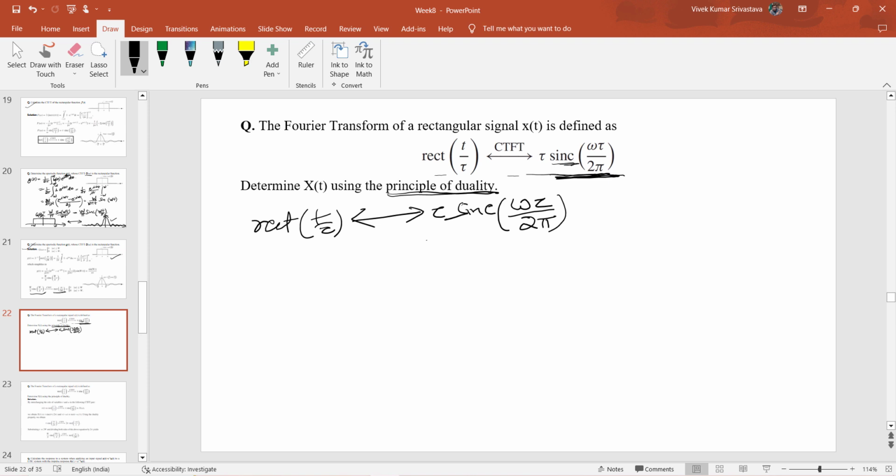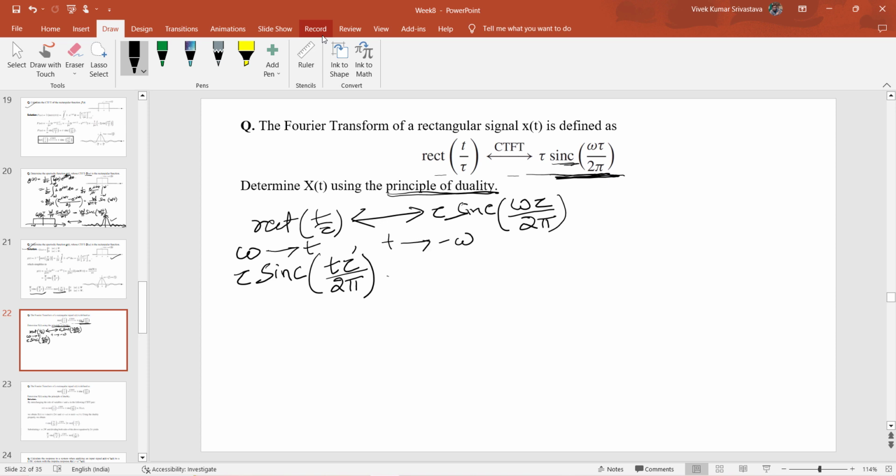Okay, so now to evaluate this sinc of t tau by 2 pi, we will use duality property. Okay, and here is tau also.